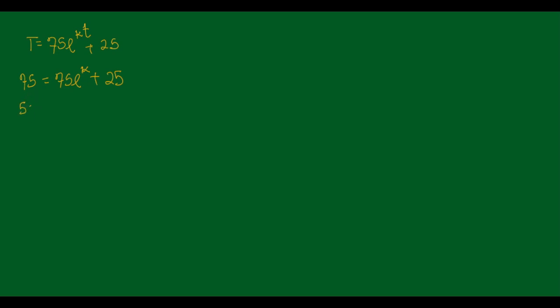We have 50 is equal to 75 e raised to the power of k. So we can divide both sides by 75. So we have that e raised to the power of k is equal to 50 divided by 75.